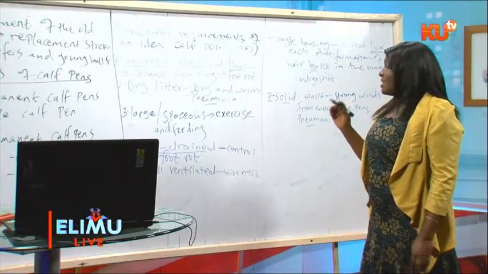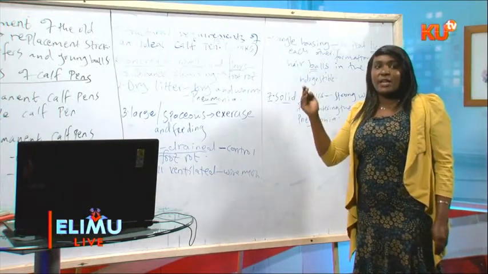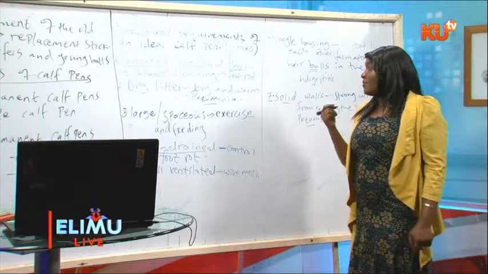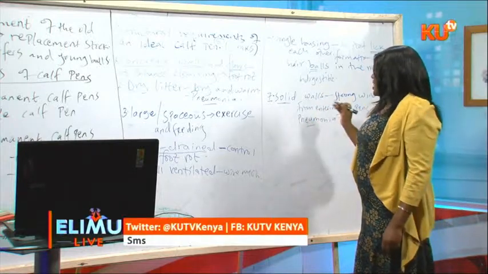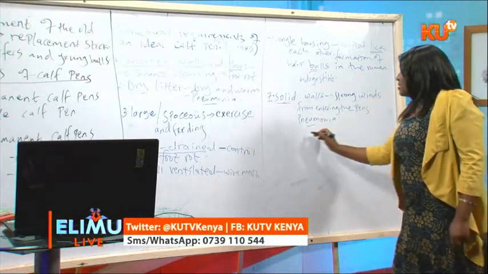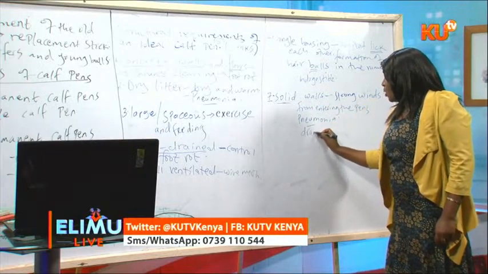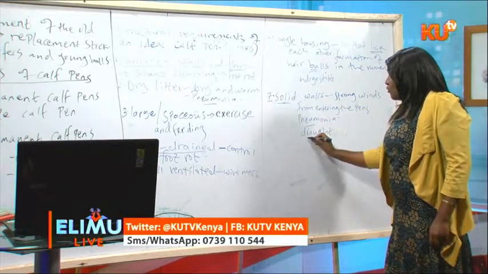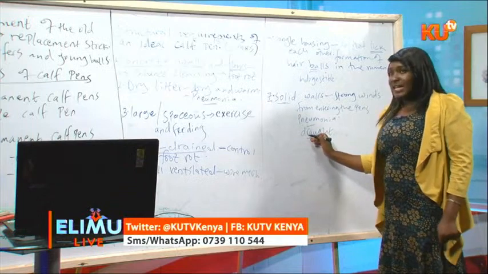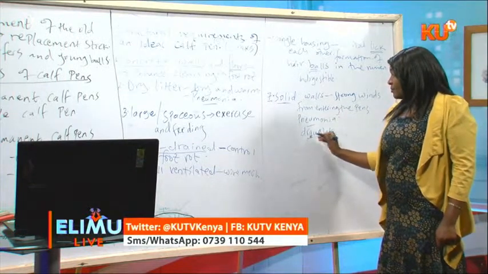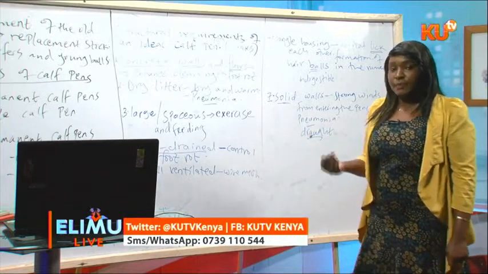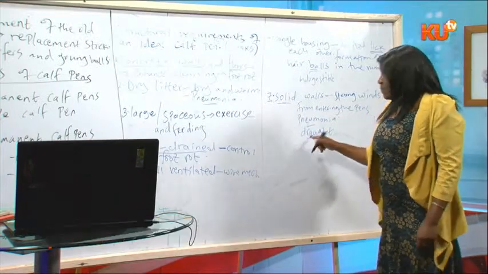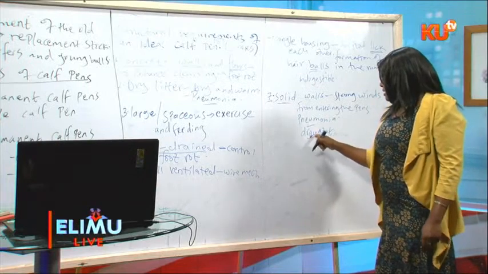You should ensure that the better part, and especially the side where the very strong winds are coming from, you put a solid wall to ensure that there is no draught, with a D-R-A. Another thing we are keen on in agriculture is the spellings. You need to be keen on these spellings because they might be a problem.